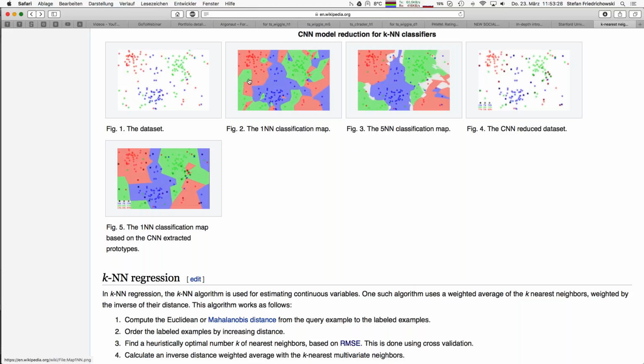And you see, you can build those regions with the 3 different colors here. And you can use, for example, one nearest neighbor, or in this case, 5 nearest neighbors. And then you can ask once again, in what kind of category do I fall with my new point?